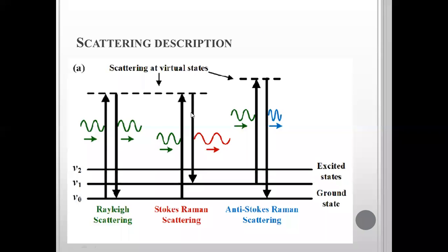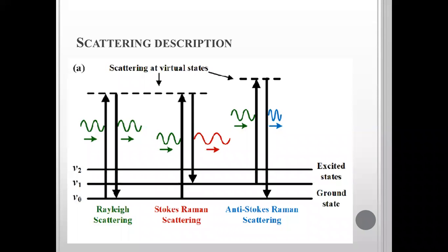It goes back to another state, not the ground state, but a state above the ground state, that we call the V1 state, or the first excited state. It emits the radiation, so now the energy of radiation is lower as compared to that of incident radiation. It means the frequency of scattered radiation is lower than the frequency of incident radiation, so we get the Stokes scattering.